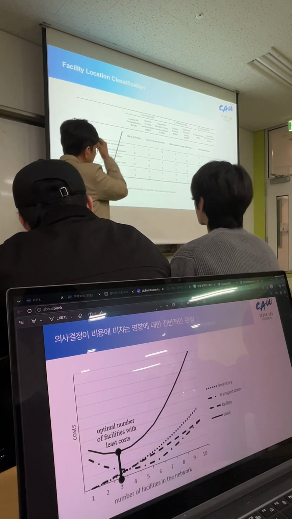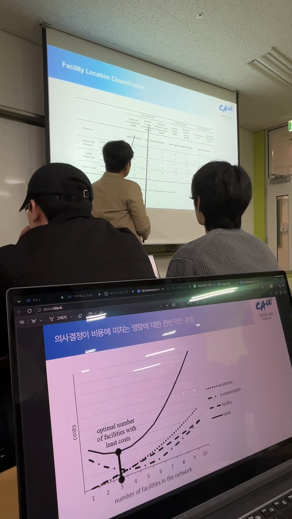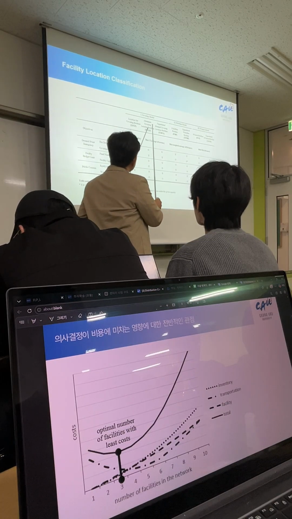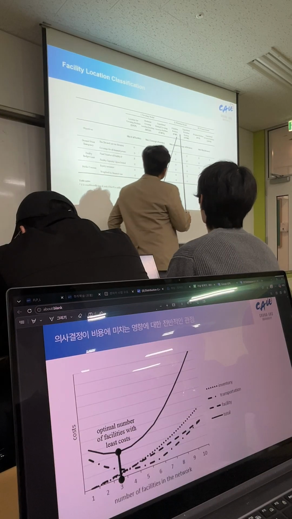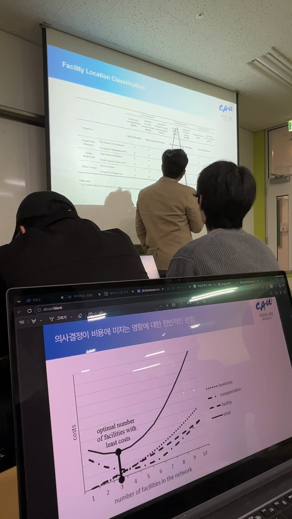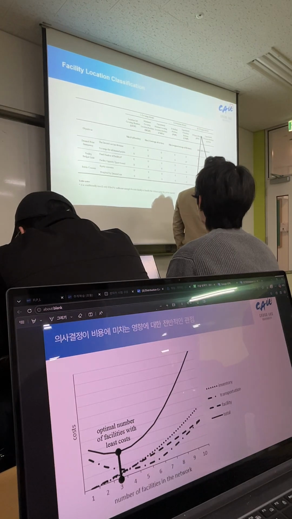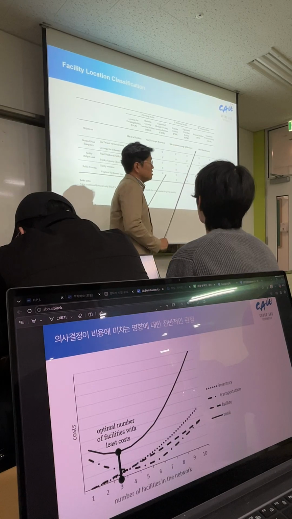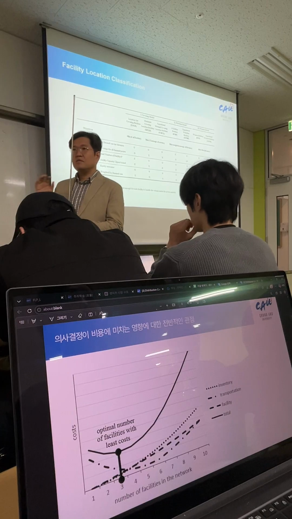So the classification starts with three different categories. The first category is the covering model, what we call a covering model. Under the covering model, there are three types of models. And then under the P-median model, there are the P-median problem and the capacitated P-median problem. And then the P-center model, that is the P-center problem and the capacitated P-center problem. You might see a pattern. One, and then the capacitated one.